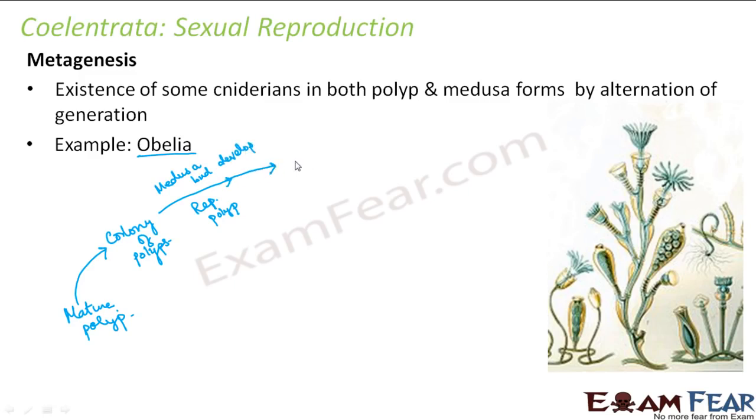So what will happen? Medusa will be formed because that medusa bud will gradually grow. Now, when I talk about a reproductive polyp, we need two reproductive polyps for the two gametes, right? So there will be two medusa forms. One is medusa 1 and there will be another medusa 2.